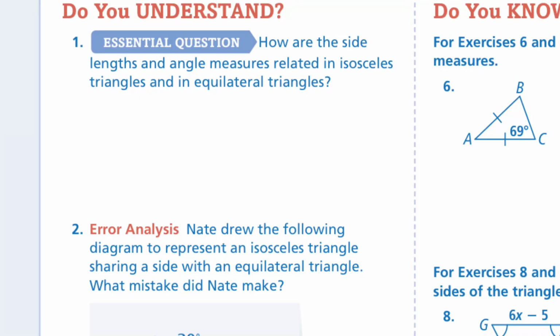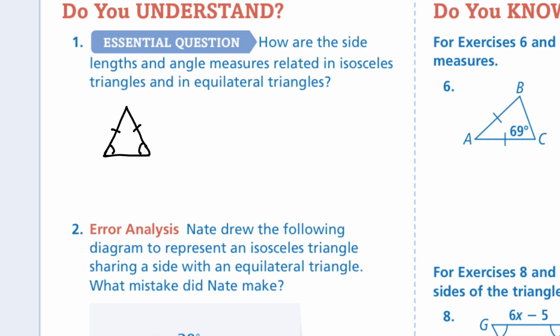Do you understand? How are the side lengths and angle measures related in isosceles triangles and in equilateral triangles? Okay, we know that in an isosceles triangle, two sides would be congruent, and the angles opposite to those sides would also be congruent.